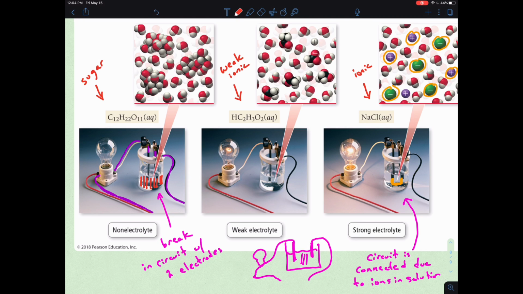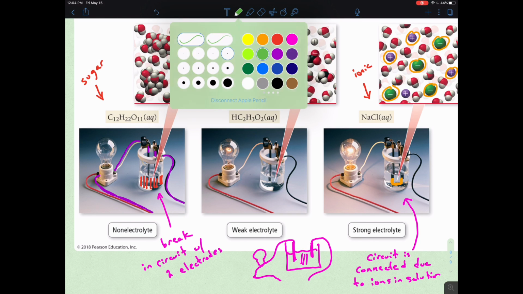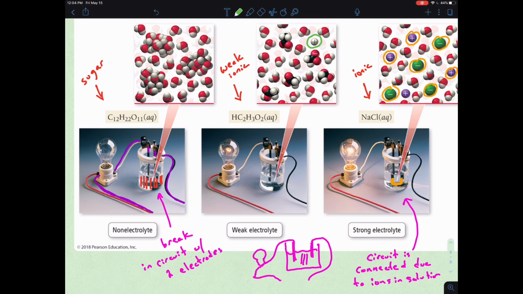This is acetic acid, and unlike sodium chloride, which completely dissociates into solution, acetic acid does dissociate because it's an acid, and eventually we'll get to the type of terminology, but it's weak. So we don't have as many of the ions. We have some positive ones, we have some negative ones there, but they're few compared to what we see with the ionic system.